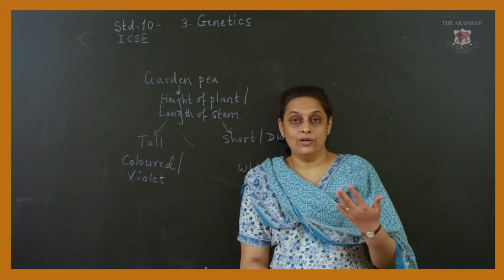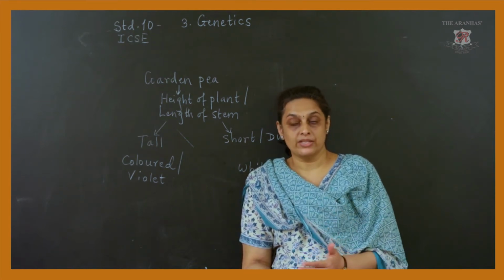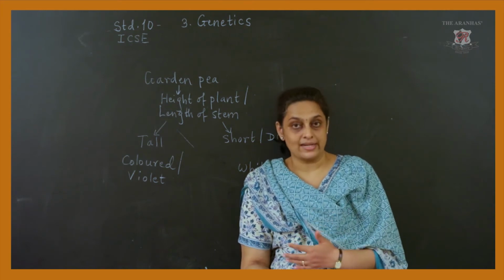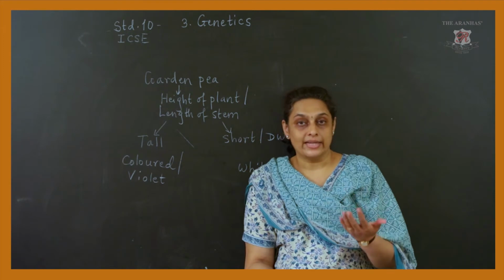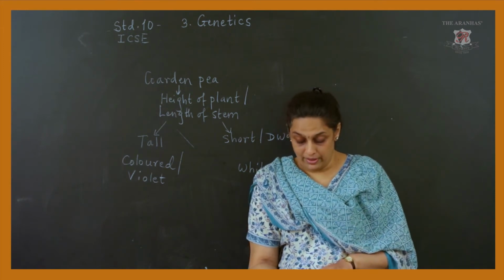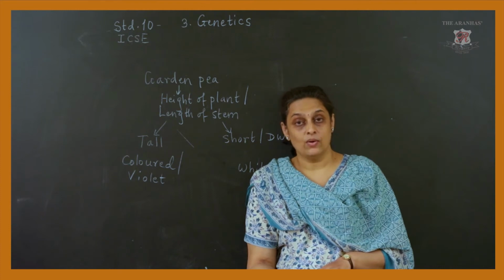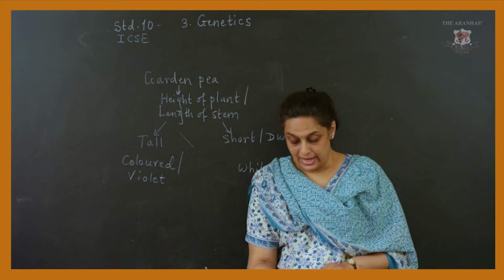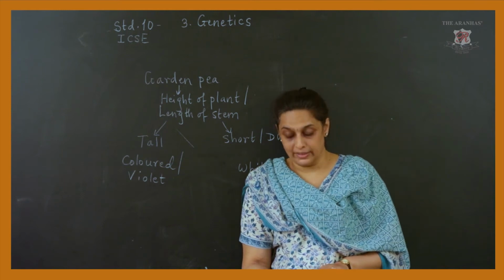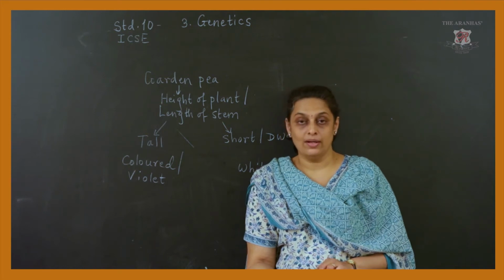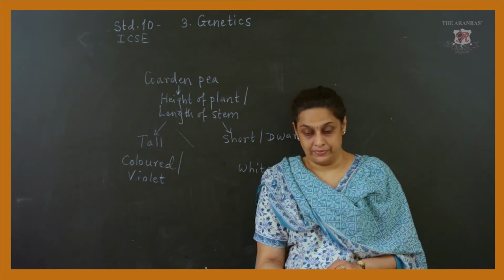Now I need not explain to you because pictures are already given, so you can have a look at the picture and understand how that character would look. Then color of the pod, green or yellowish. Flower position, axial or terminal, and stem height, tall or dwarf. Okay?